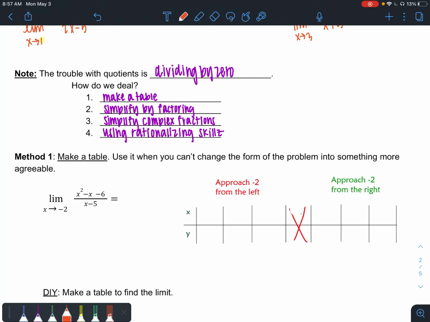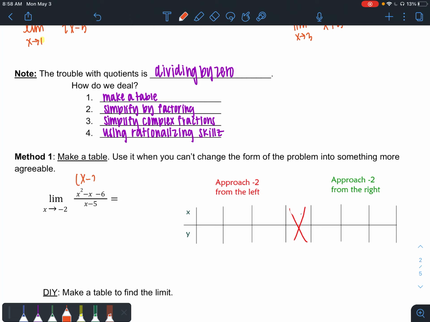So for this one here, I'm just going to leave it as is. Let me see if this factors. Two numbers that multiply to be negative 6.